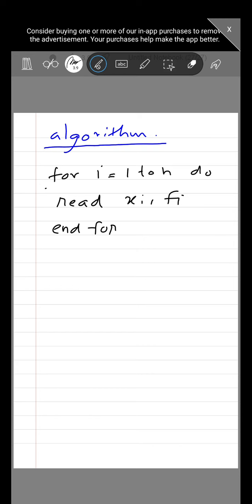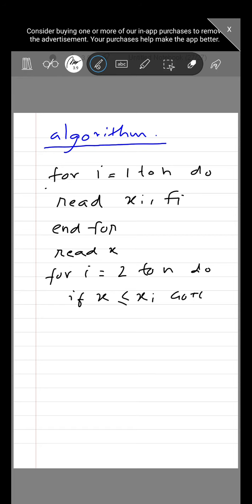Now it will read x, the point for which the function needs to be found, and then for i equal to 2 to n, it checks that x has to be less than xi.